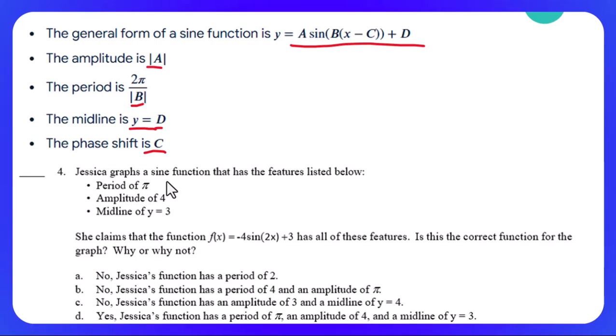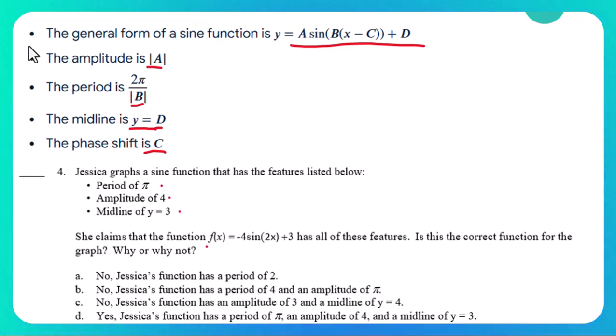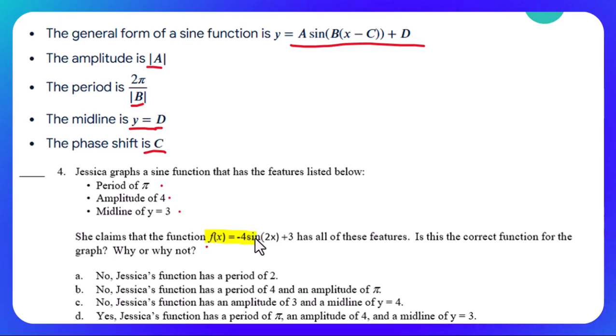All right, so Jessica graphs a sine function that has the features listed below. It has a period of pi, amplitude of 4, and a midline of 3. So she claims this function, f of x equals negative 4 sine 2x plus 3, has all of these features. Is this the correct function for the graph?